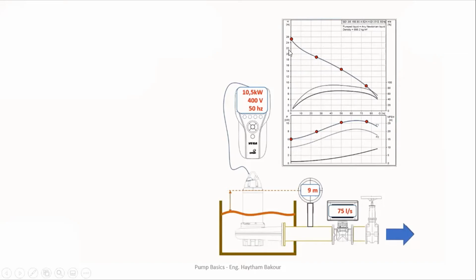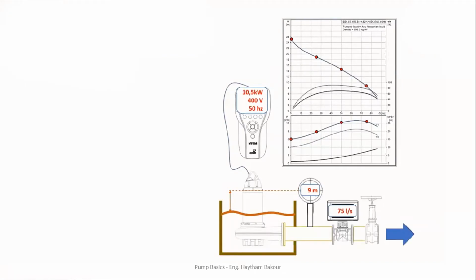And here we can draw the power curve, and we have drawn that manually, and we have those curves through the calculation, and we replace the values here to see the efficiency of the motor and of the pump.